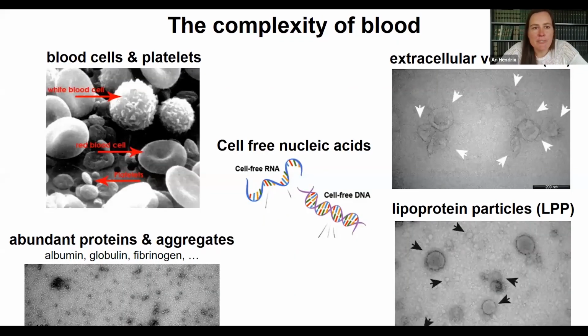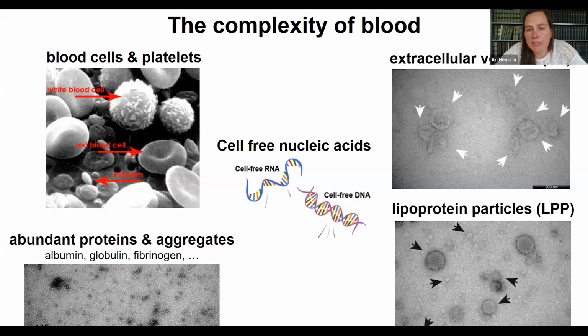So first of all, if we study extracellular vesicles in blood, we have to take into account the complexity of blood. Blood contains blood cells, platelets, abundant proteins and aggregates, cell-free nucleic acids, but also lipid carrying particles, including extracellular vesicles and lipoprotein particles.